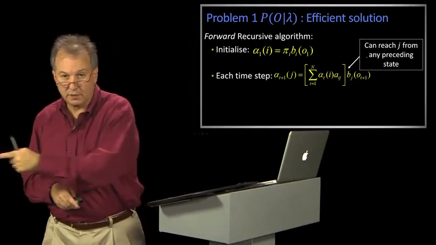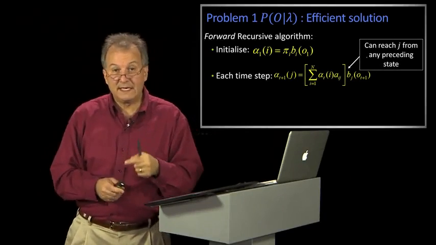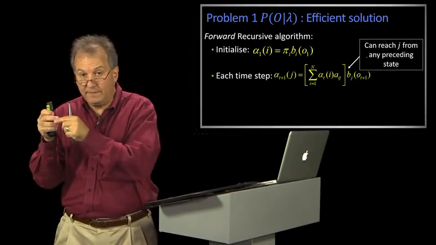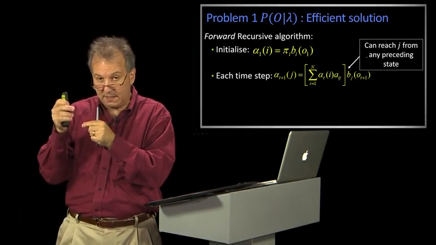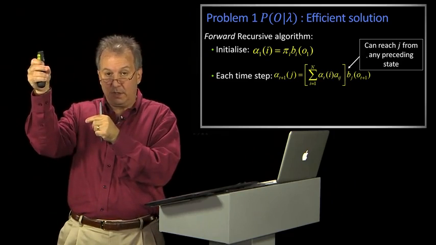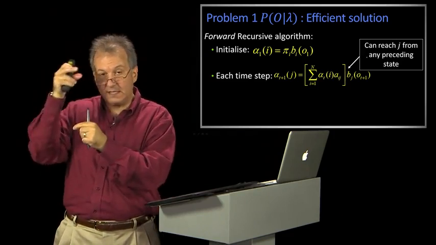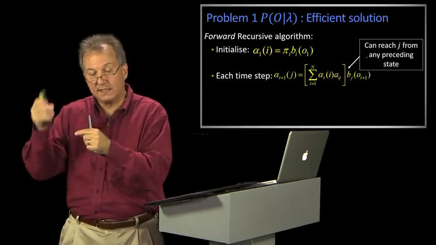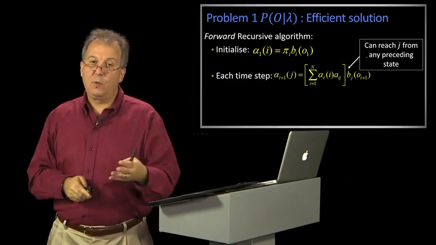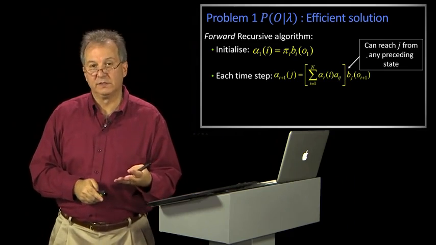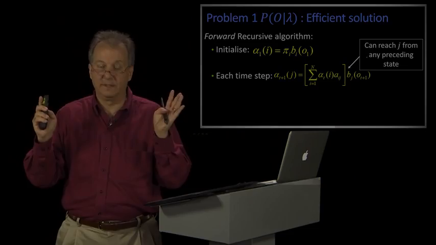So I could obviously run this all the way to capital T. So I could tell you the probability of seeing all of the observations, 1 through capital T, and landing in state 1. And all the observations and landing in state 2. Suppose all I want is the probability of the observations. I don't actually care what state I end up in.